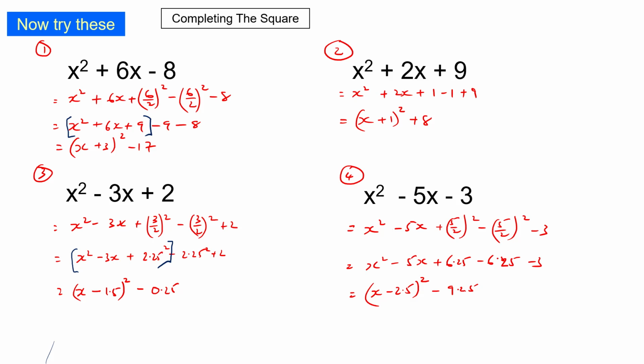Okay, so check your solutions. Check your workings, make sure they're correct. Okay, good. So hit pause, check. When you're ready, hit play again.